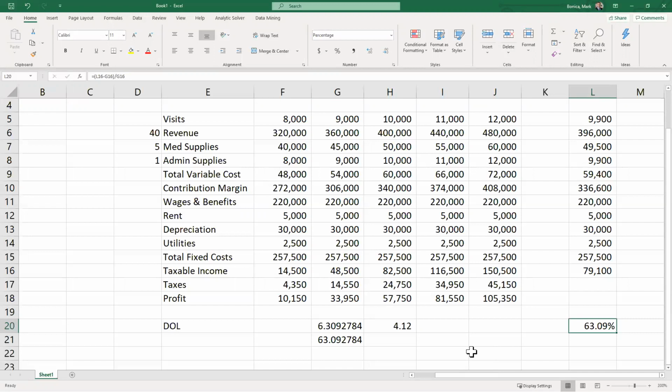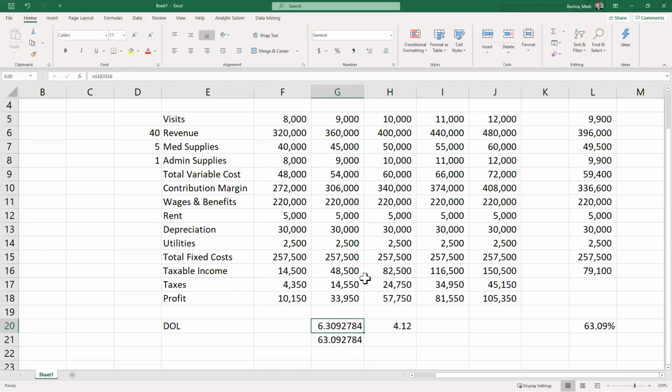The point I was making was that at 9,000, if 9,000 is your base case, you are more sensitive to a change in volume than you are here at 10,000. And that's because the fixed costs are larger relative to your contribution margin at 9,000 than they are at 10,000.